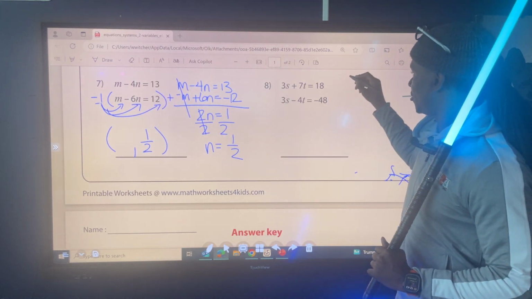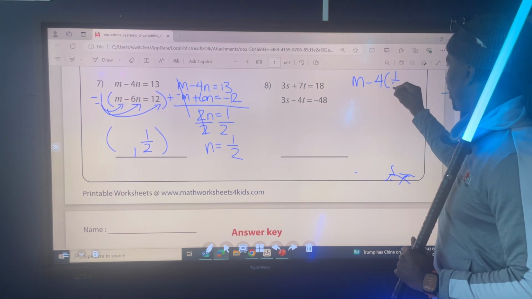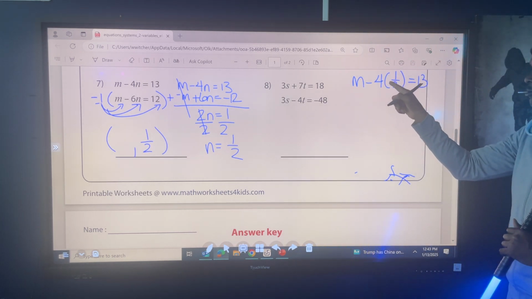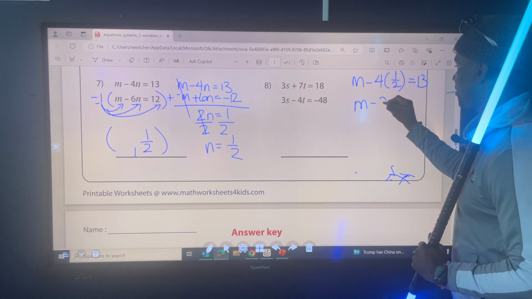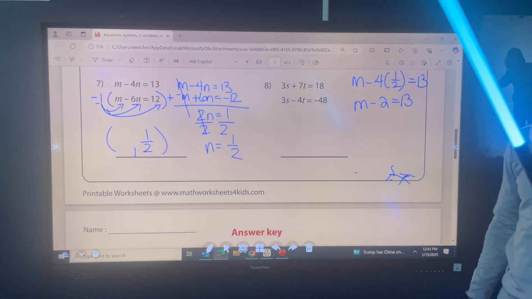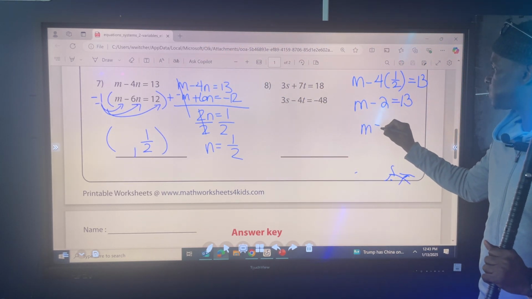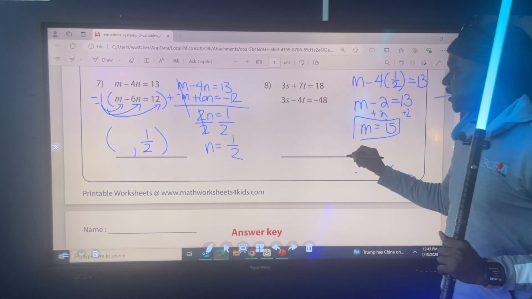So this would be m minus 4 times 1/2 equals 13. You just told me half of 4 is 2. So this becomes m minus 2 equals 13. Then do what? It becomes 15.